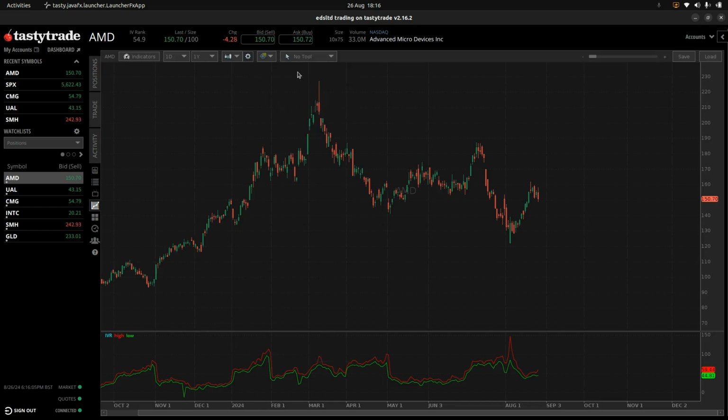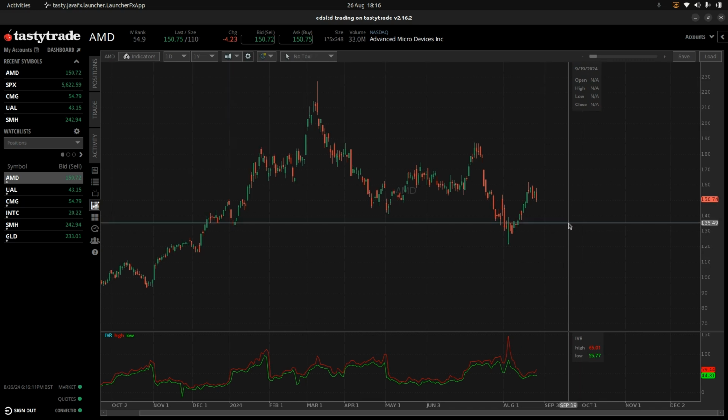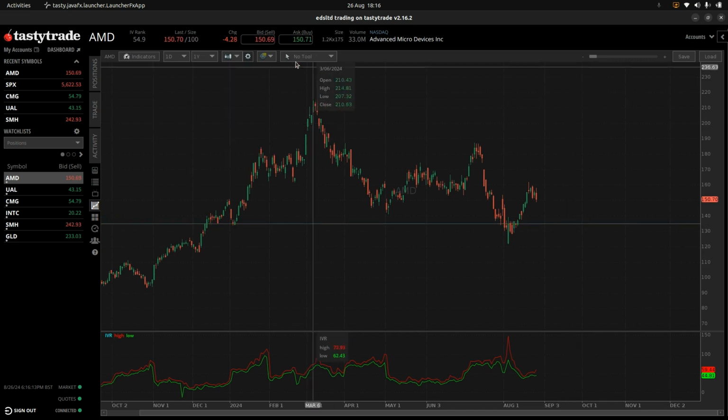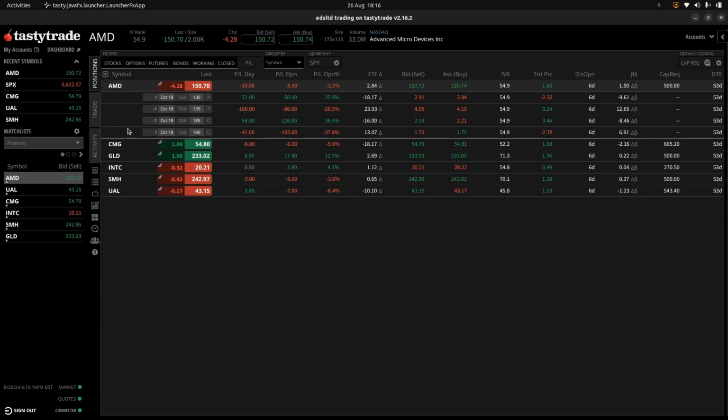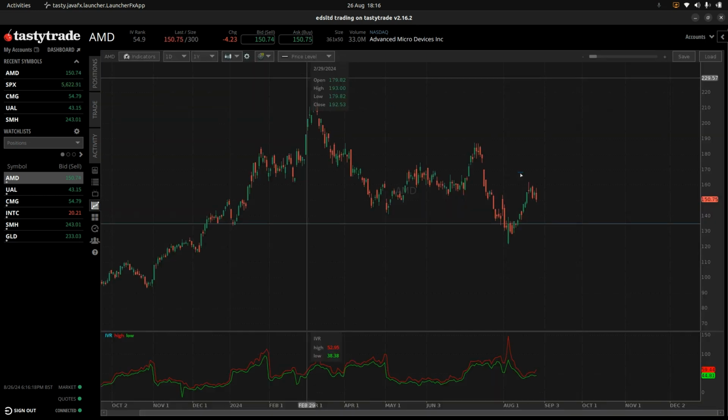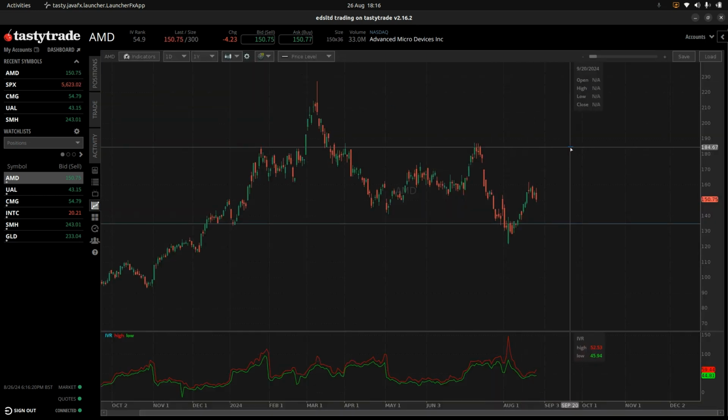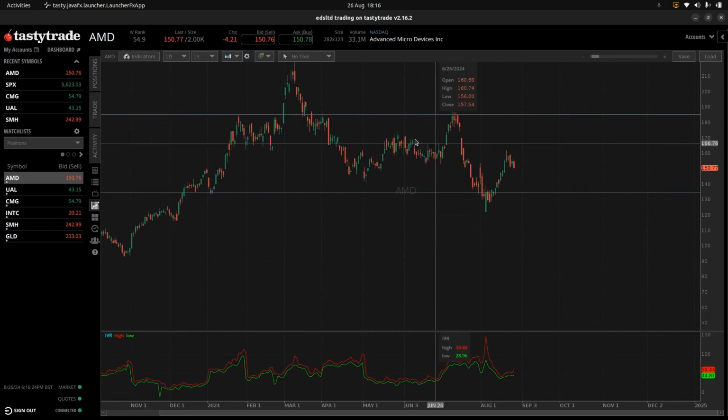So the first thing we want to do is just plot that on the graph. 135, which is there, and 185, which is there. Cool. So this is our range, right?